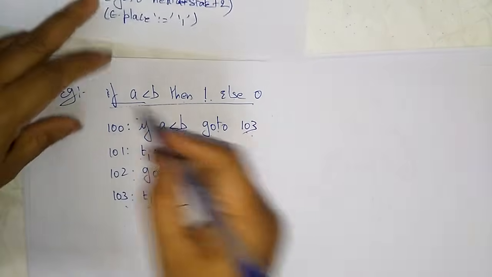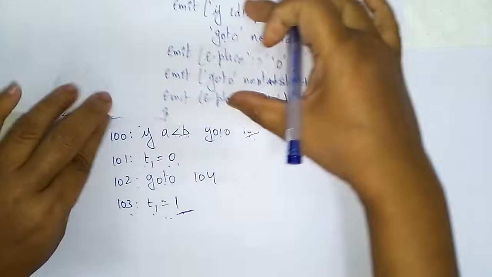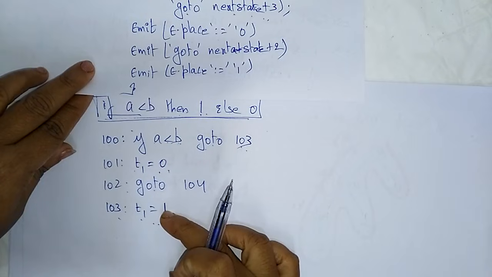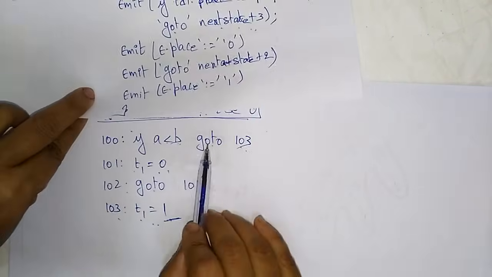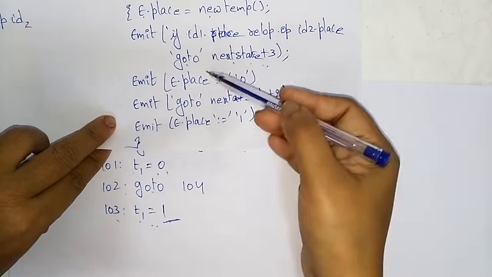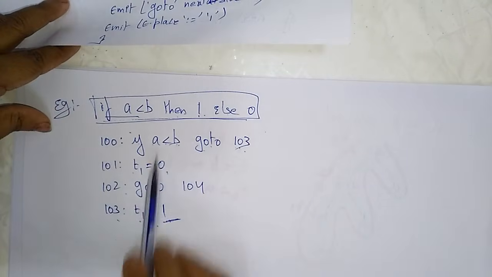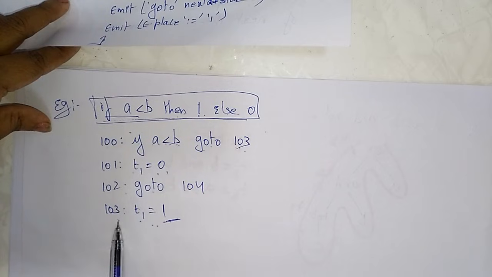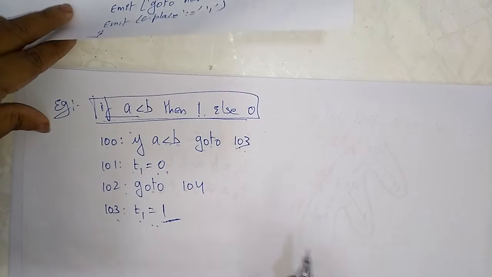I hope you understand. This is the production, and this is the action, the series of steps. If A less than B, go to 103, write the statements and check whether the statement is correct. What is there in 103? T1 is equal to 1. That is our question and we get the answer.